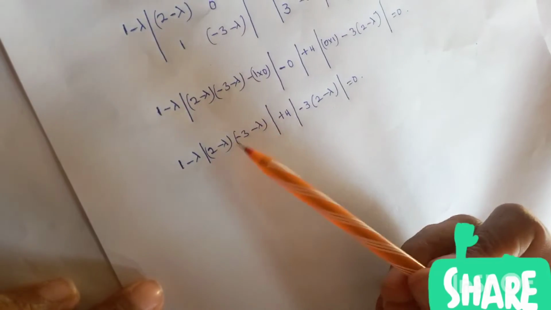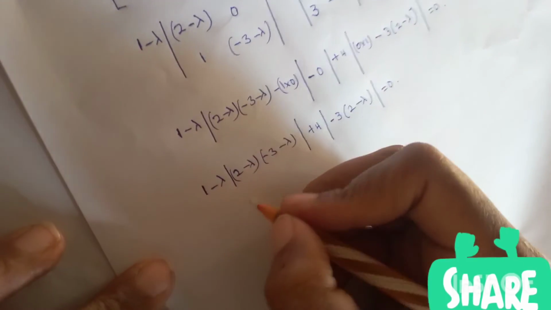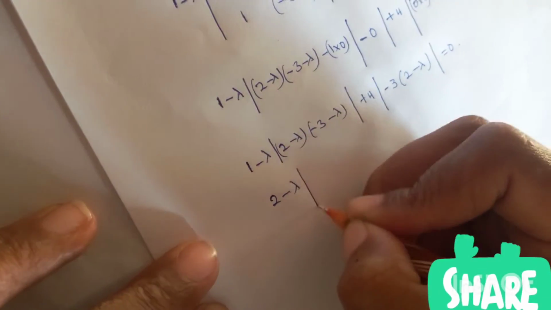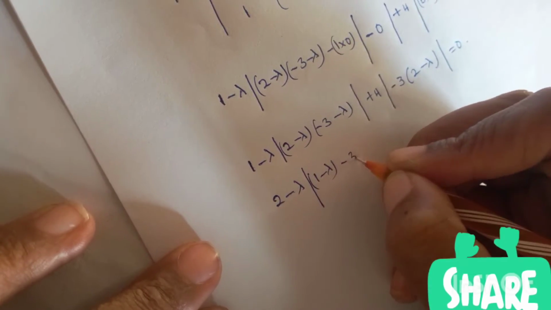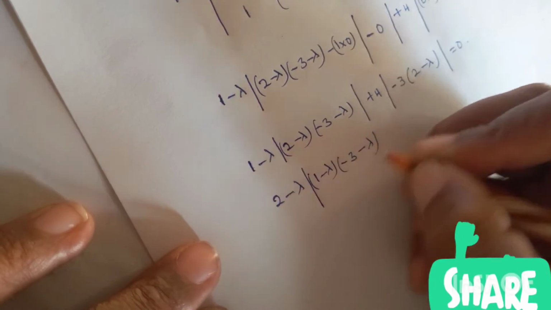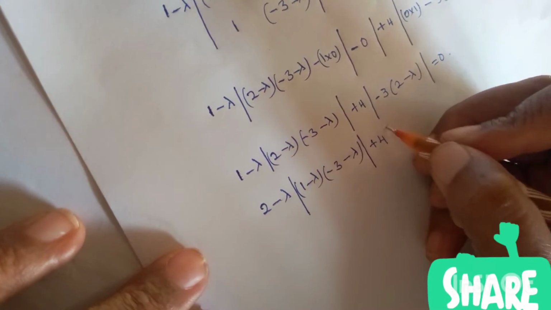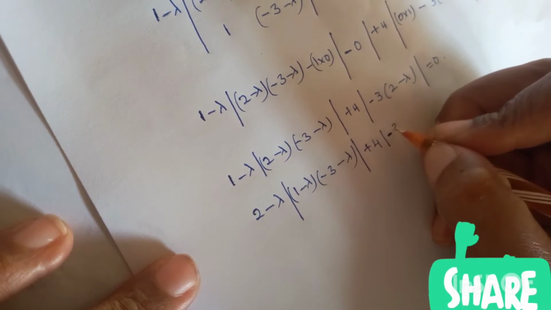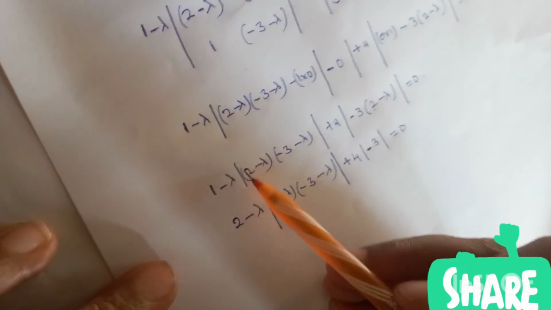If we look at this expression, 2 minus alpha is common with this one, so we take it out of the bracket. So we have (2 minus alpha) times [(1 minus alpha)(minus 3 minus alpha) plus 4 times minus 3] equals 0, because now this is common.